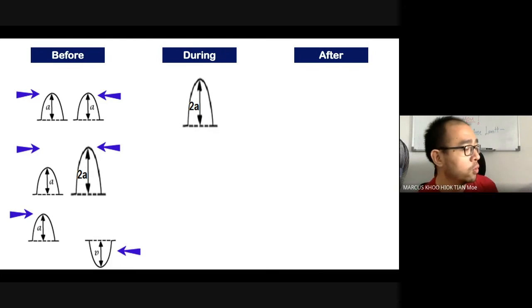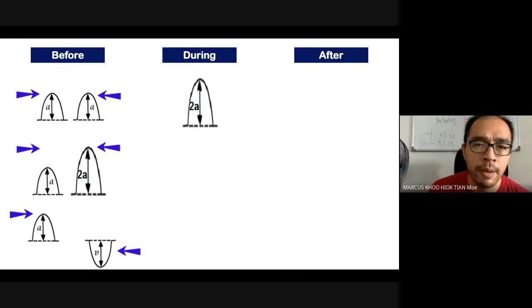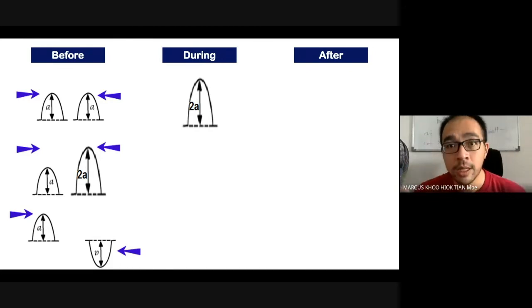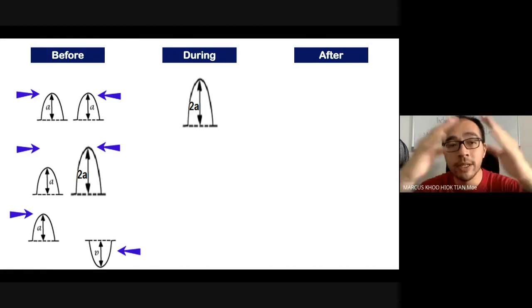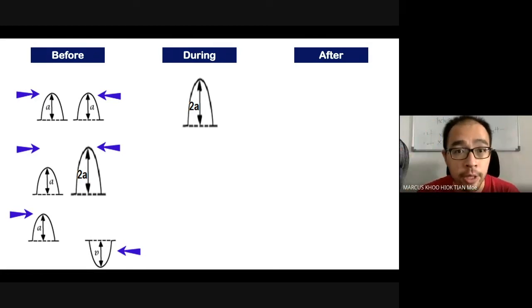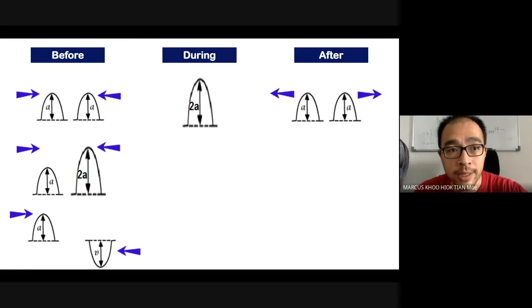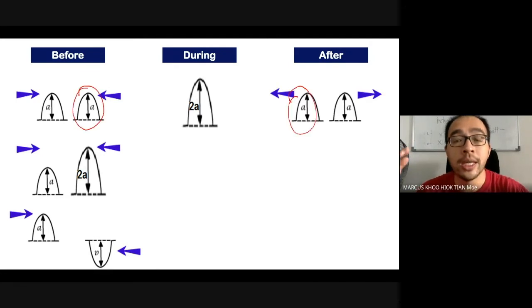During the superposition, they overlap and form a maximum amplitude. But after superposition, they move on, going in the same direction. They don't bounce back. It's something that a lot of people always tend to forget.